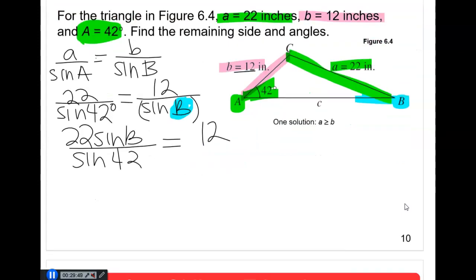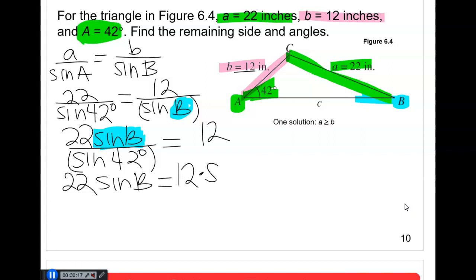So now sine of 42 degrees is dividing sine B. Remember, this is what I'm trying to solve for. In fact, I'm going to have to first isolate sine of B and then take sine inverse. So the sine of 42 degrees is dividing sine B. So I'm going to take that sine of 42 degrees across, and it's going to be multiplying to the number 12.